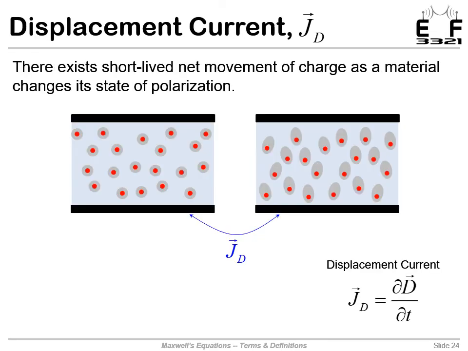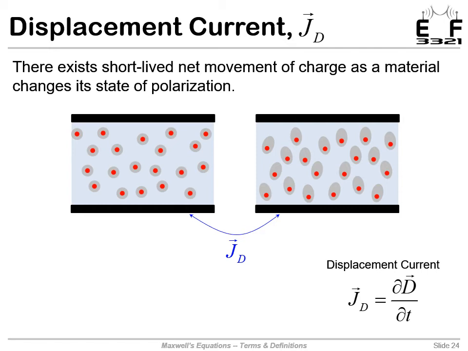Our displacement current. So we start off at the molecular scale with our atoms, and the electron clouds are in their equilibrium position. When we apply an electric field, it pushes the nuclei and the electron clouds in opposite directions. It stretches these electron clouds, and we get these little induced electric dipoles. Well, during that transition, there is a net flow of charge at the molecular scale, and that is a current.